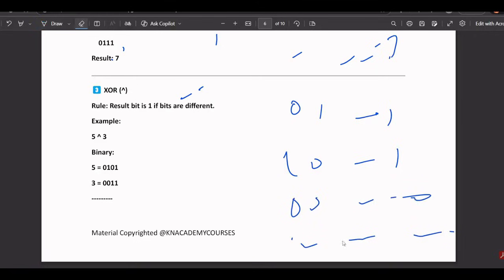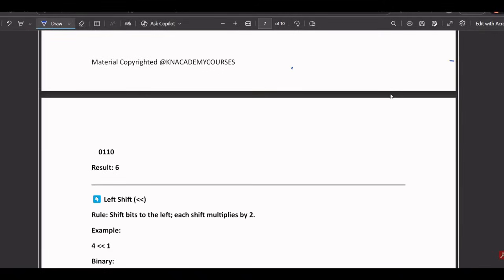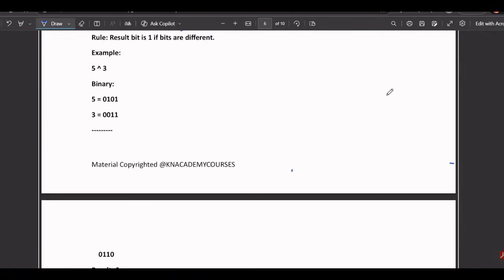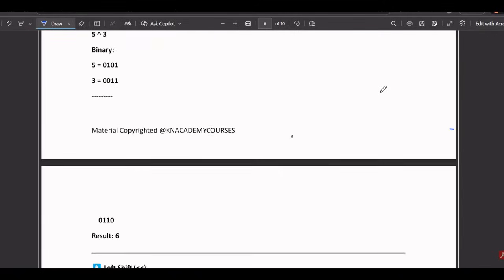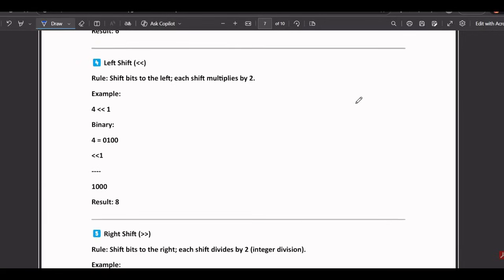So the bits should be different. This is the basic idea for the XOR operator, and XOR is very important in Capgemini. Also, please make sure that you do the conversions quickly, because conversion from decimal to binary will be needed a lot in the Capgemini exam.